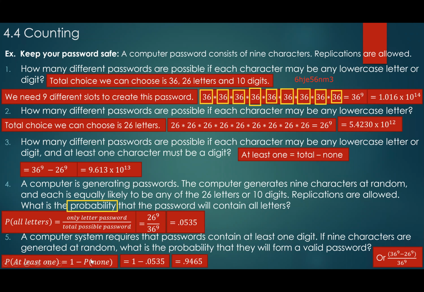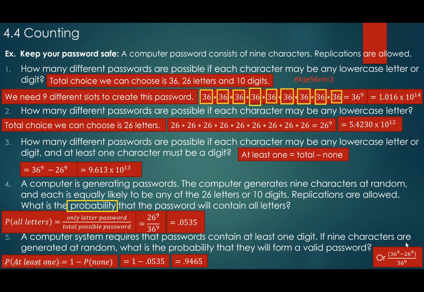And similar to the previous problem, none is the same as all. So the probability that none of the password contains a digit is the same as all of the items being letters. So you can take 1, which is the total probability, minus the probability of all letters to give you this answer, which is at least one of the characters is a digit.